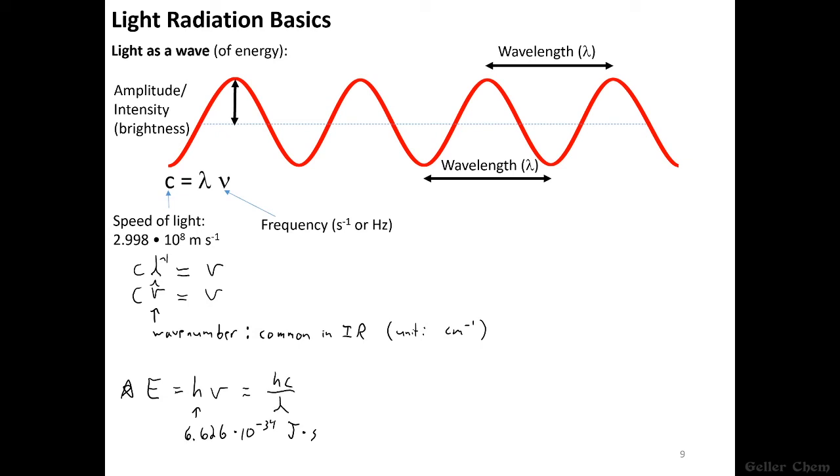And then one more iteration of this equation, hc over wavelength is the same as saying hc times the inverse of wavelength, which is just the wave number. So we could write this as hc wave number. And we'll utilize all of these forms in class, but without a doubt, this is the one we'll see the most. But to understand how we use these equations, we first need to review orbitals.